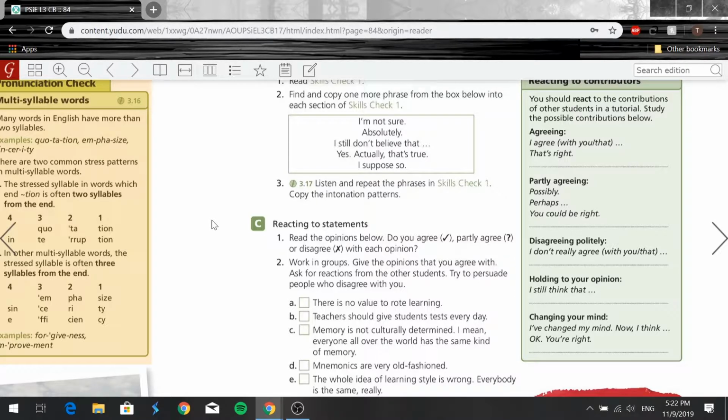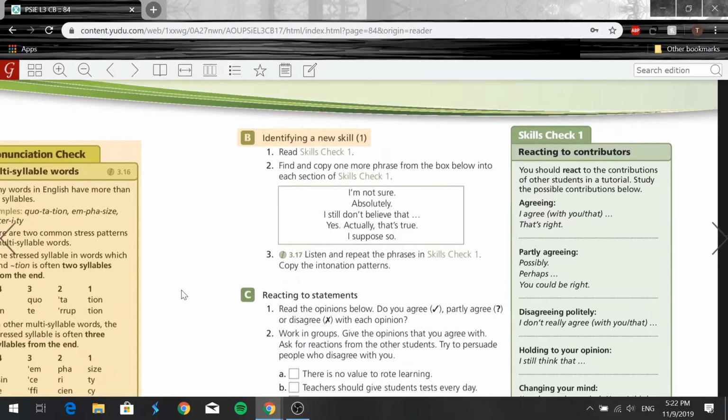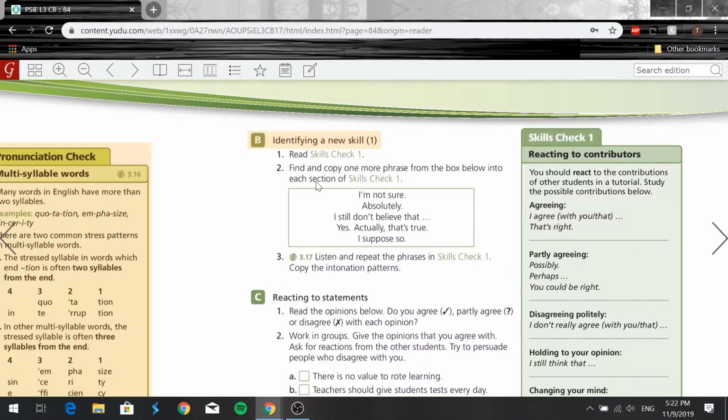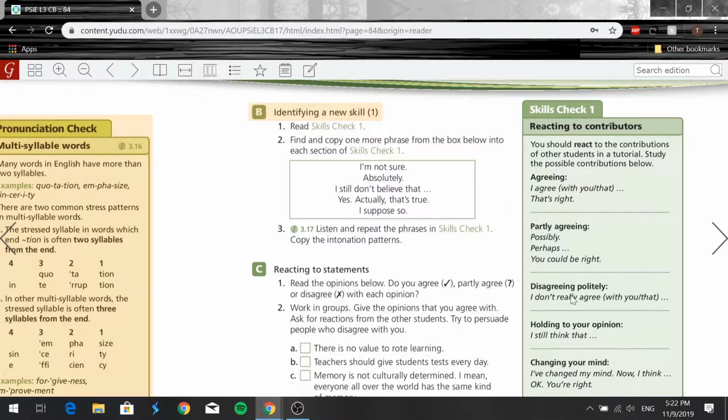If you've changed your mind, you could say, I've changed my mind, or now I think you're right, or I think that you're right, in this case. So find and copy one more phrase from the box below into each section of skills check 1. Here we have some extra phrases, and we're going to add them to each section, whether it's agreeing, partly agreeing, or disagreeing politely, etc.